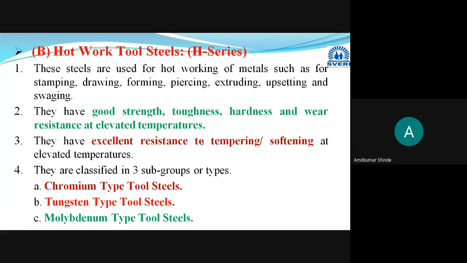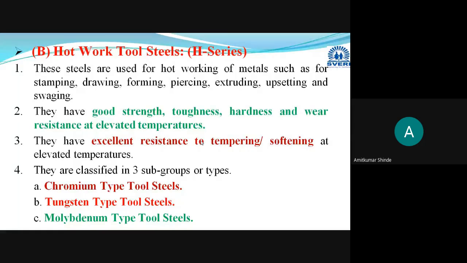Now, what is the difference between cold work and hot work? The process carried out below the recrystallization temperature is termed a cold working process, and the process carried out above the recrystallization temperature and just below the melting point of that particular metal or alloy is termed a hot working process.